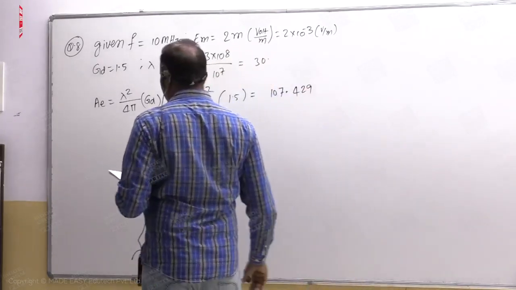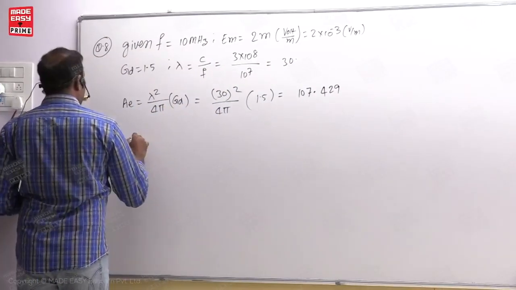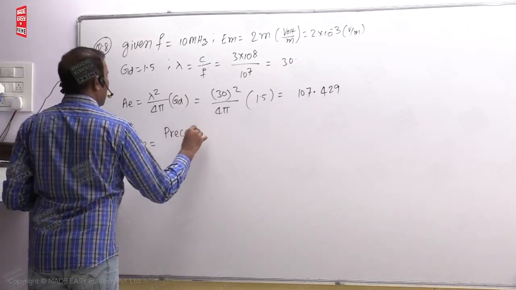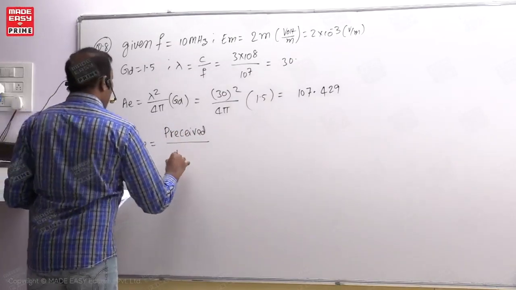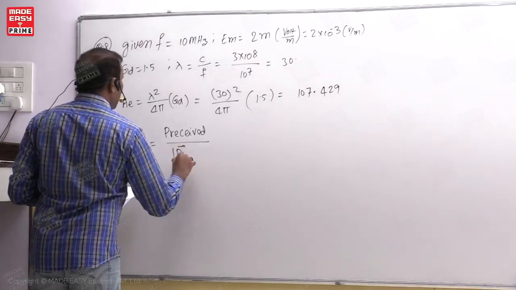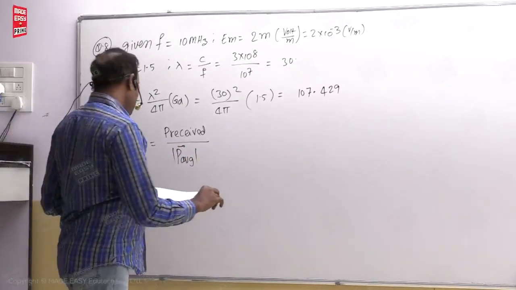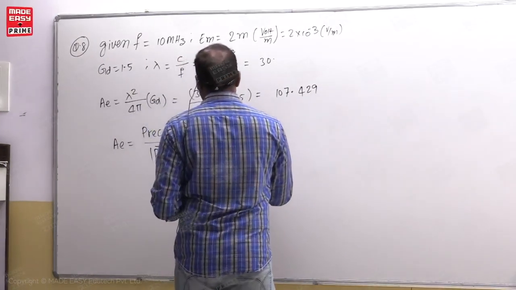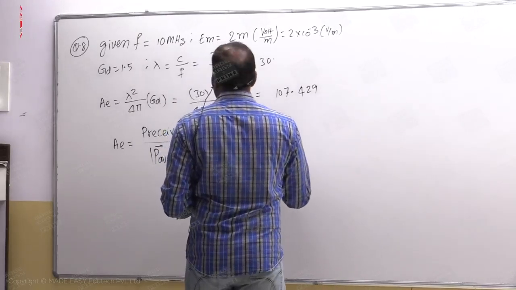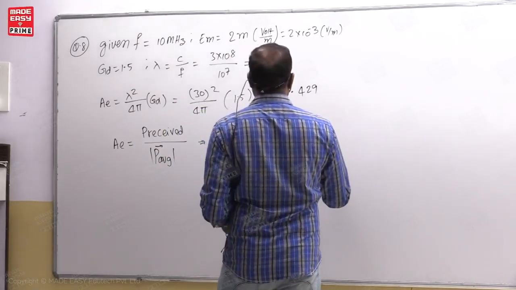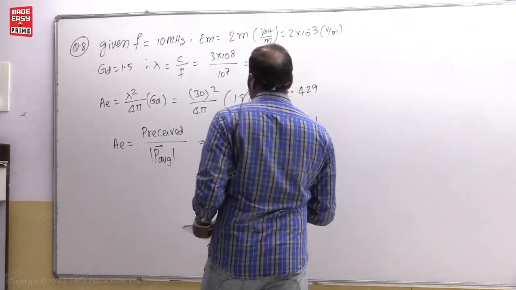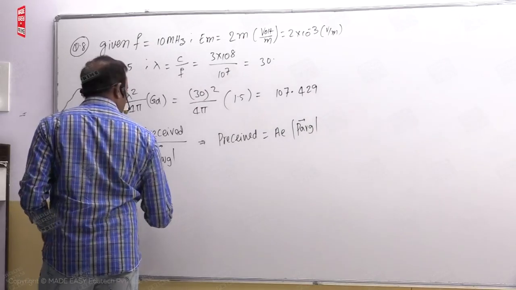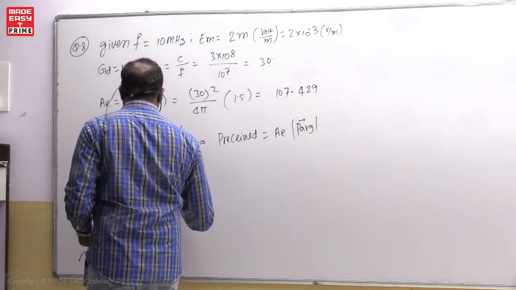By definition, one formula was there, I told you: effective area is power received divided by average poynting vector. From this you can say power received is equal to effective area into average poynting vector. What is this, student?